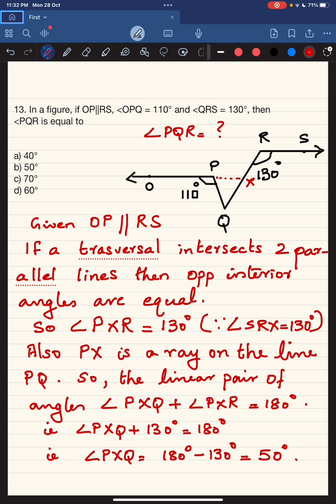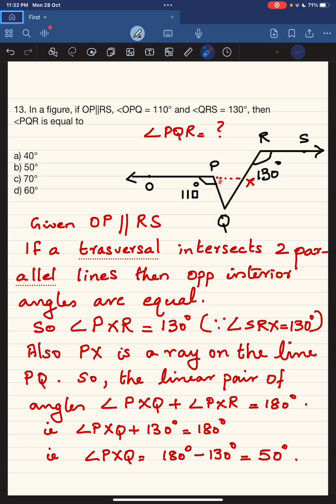We have to find this angle, right? So here OP parallel to RS is given and angle OPQ is equal to 110 degrees, angle QRS, this angle, is equal to 130 degrees. Then we have to find angle PQR.